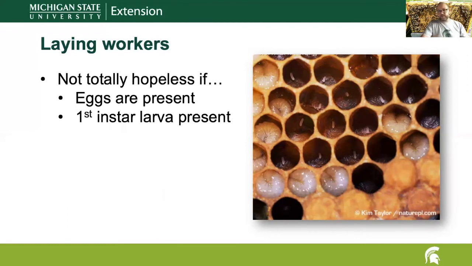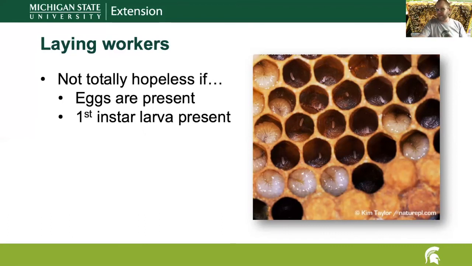Under certain conditions, and these conditions are very specific. In order for a colony to recover from a queen being lost, whether it's through your error or her dying on a mating flight, the only way a colony can recover, meaning that it raises a new queen without your assistance at this point. I mean, if you noticed you killed a queen, you can add a queen immediately and totally avoid this.